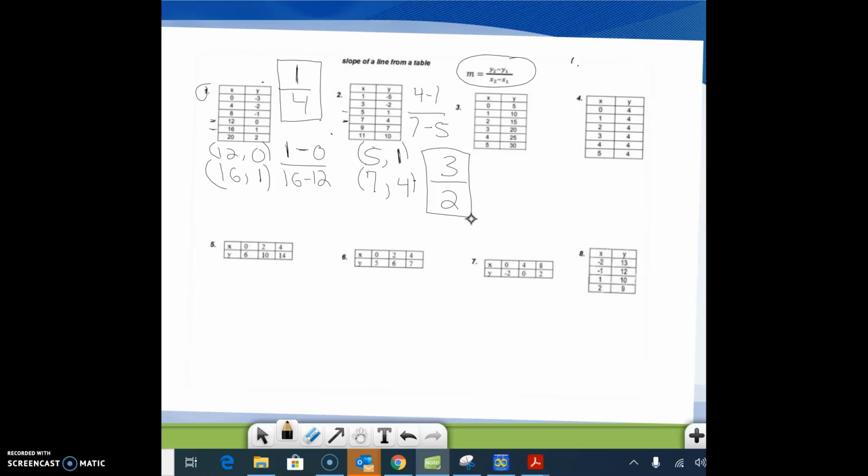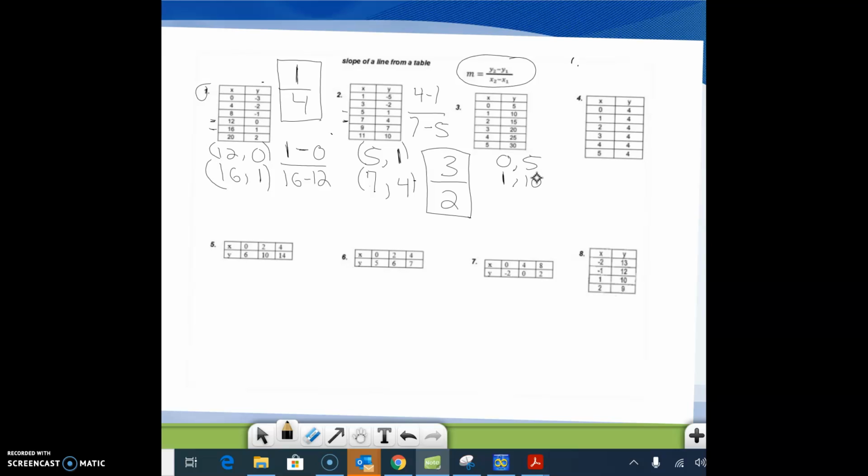Hey, they're all positive in number 3, so why don't we just go with the first 2, all right? So we got x1, y1, and then this would be x2, y2.